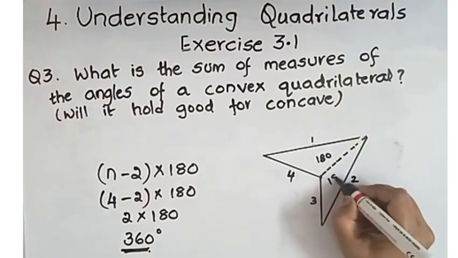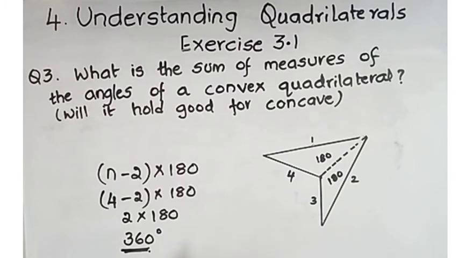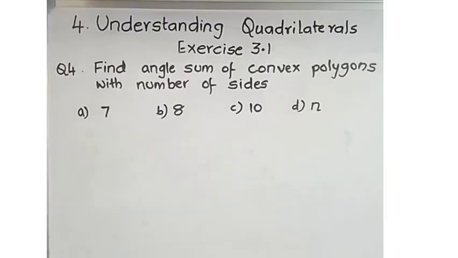This one more triangle is also 180. So 180 plus 180 will give you 360. So whether it is a convex quadrilateral or a concave quadrilateral, the sum of the interior angles will remain the same, which is equal to 360 degrees.